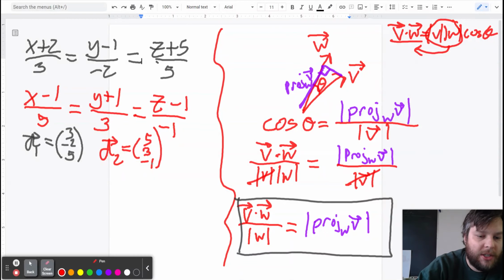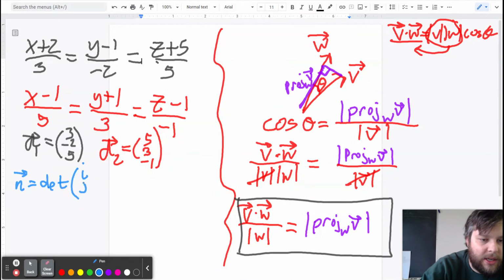And if I do the cross product of them, I'll get a normal vector that's normal to both of the things. So the normal vector is going to be the determinant of this big old matrix: I, J, K, 3, -2, 5, 5, 3, -1.